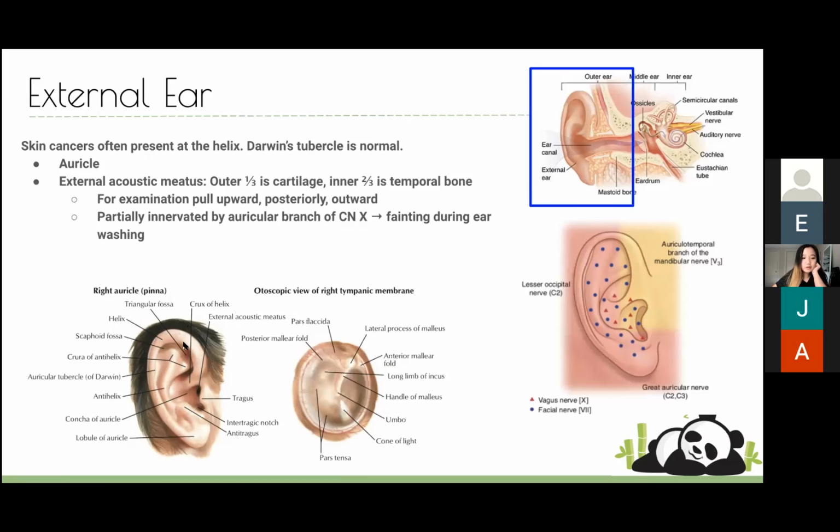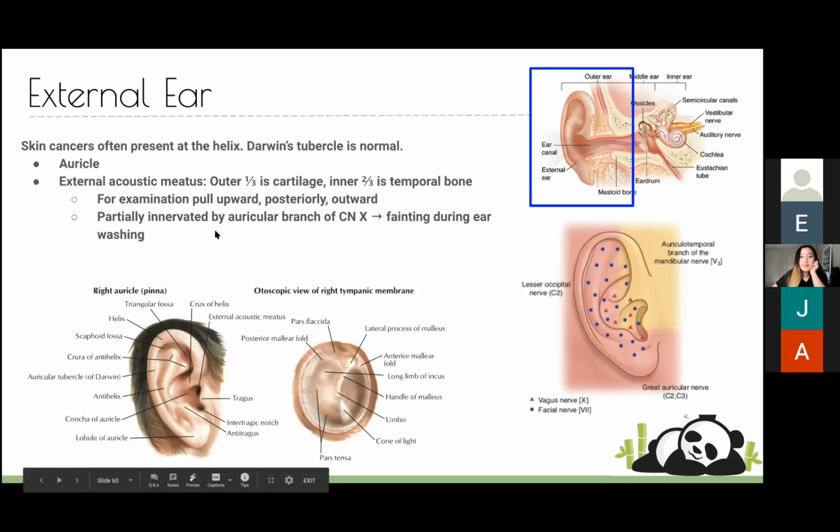In terms of your auricle, you have your helix, an antihelix, which is like a helix but on the inside, your lobule, and your tragus here, which some people use to block their ears. Then you've got an antitragus close by, and an intertragic notch. Anything else that's important? No.